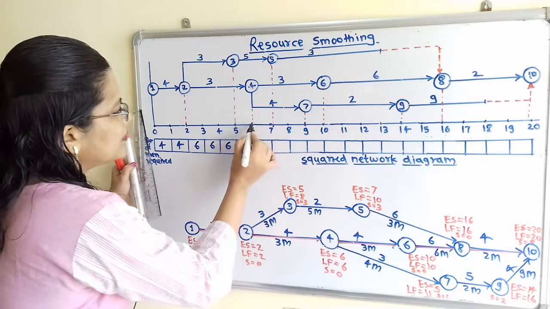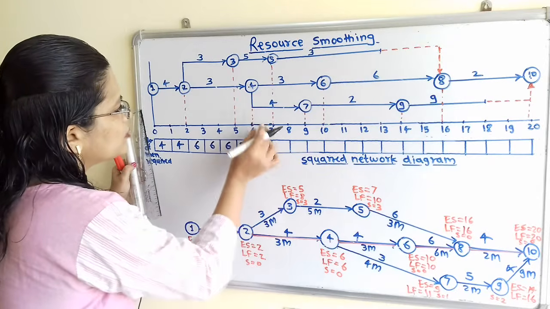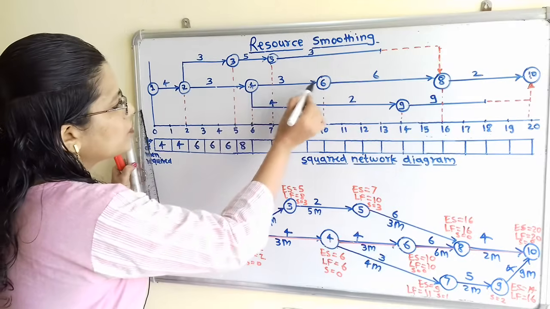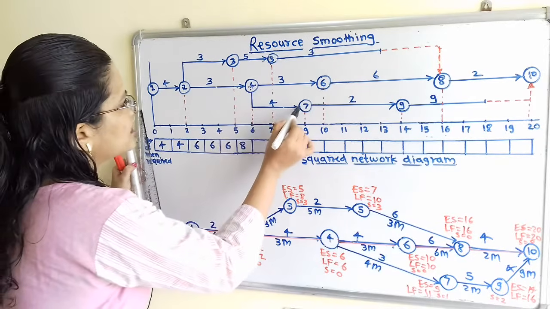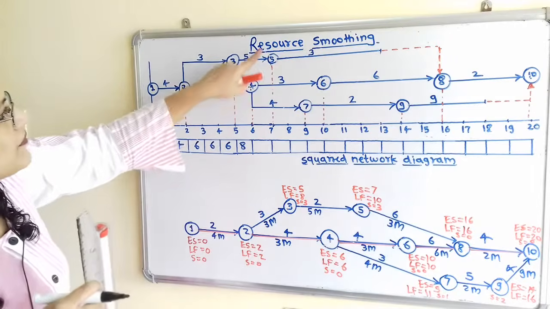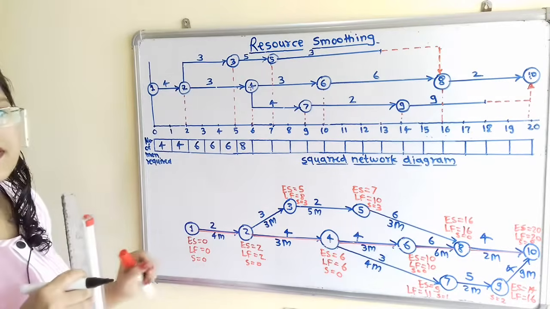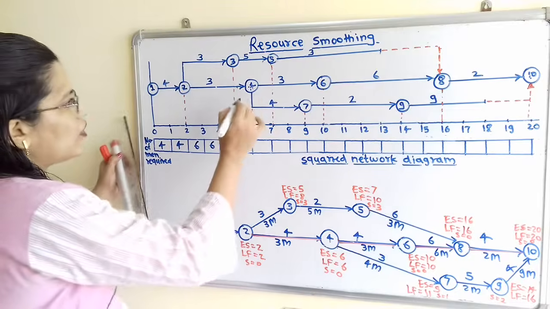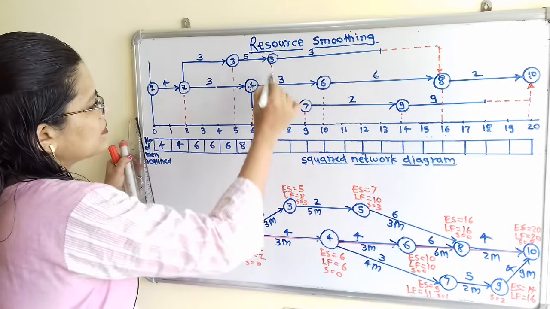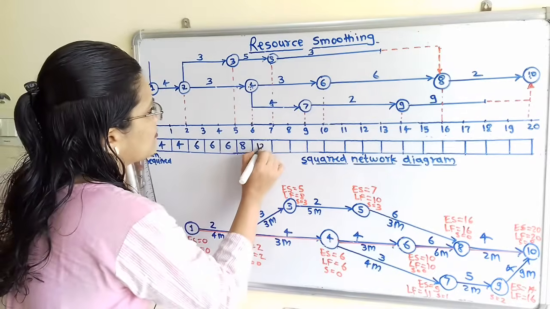Now next 6 to 7. So 6 to 7, this activity 4 to 6 is there, 4 to 7 is there, and 3 to 5 is also there, because 5th node is completed at this 7. So we have to add all these, that is 5 plus 4 plus 3, that is 12.